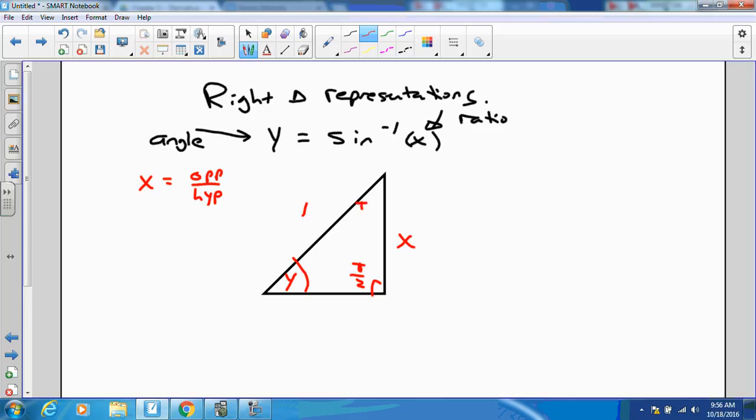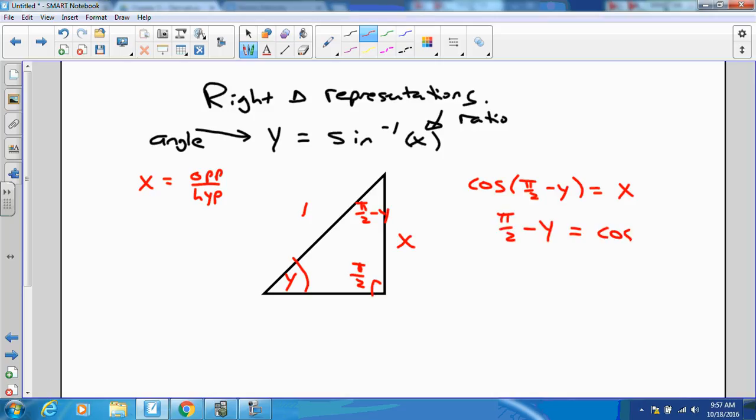So the virtue of drawing this right triangle is that we see some things. First of all, what we observe is that the other angle is complementary to it. So that I can write the cosine of pi over 2 minus y is also equal to x. Everybody see that?